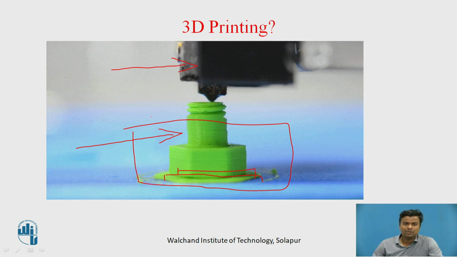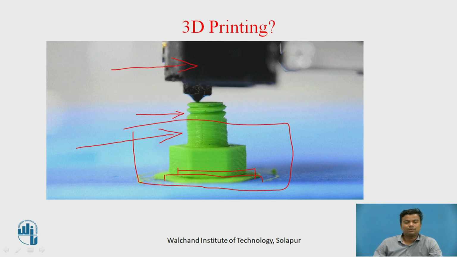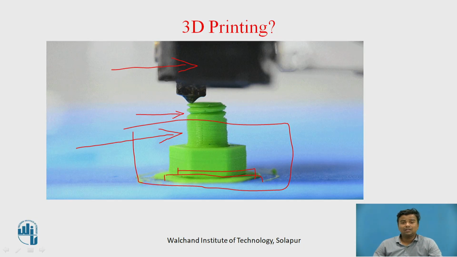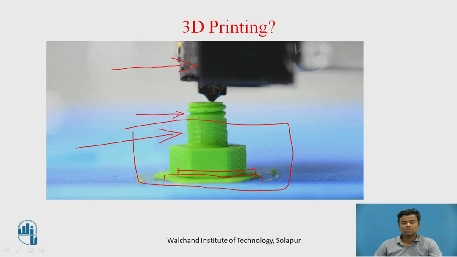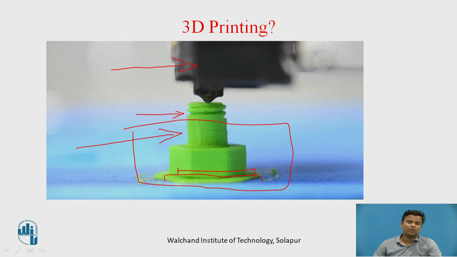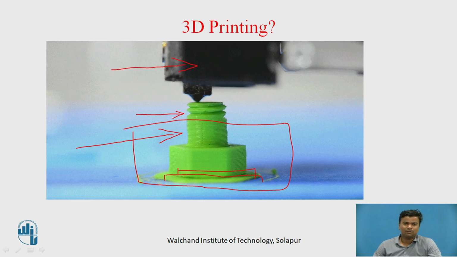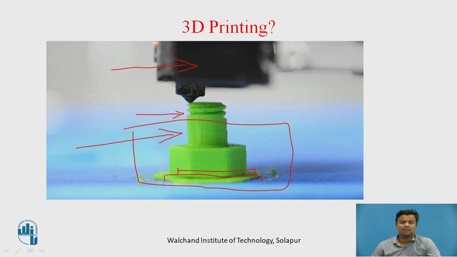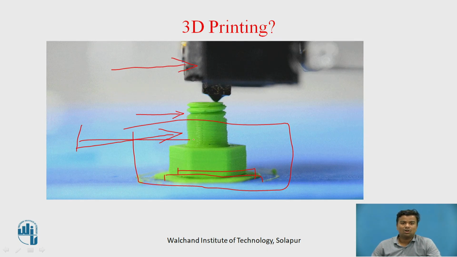For example, if you want to develop very small gears that will be used in a wristwatch, yes, it is possible. Mainly 3D printing is used to develop micro components. There are some limitations of 3D printing, like the size of the build platform.